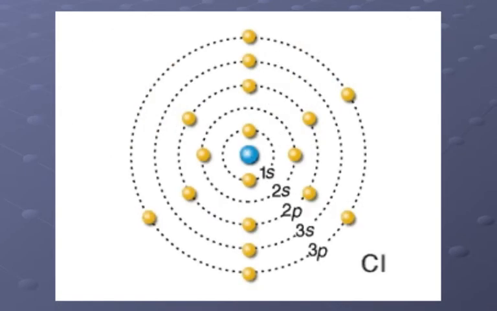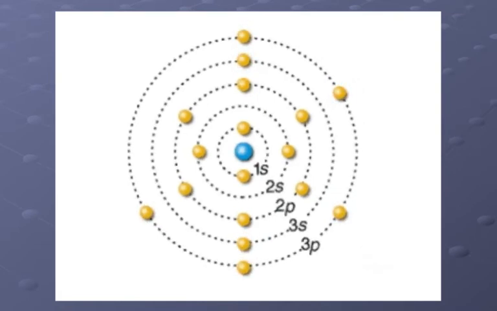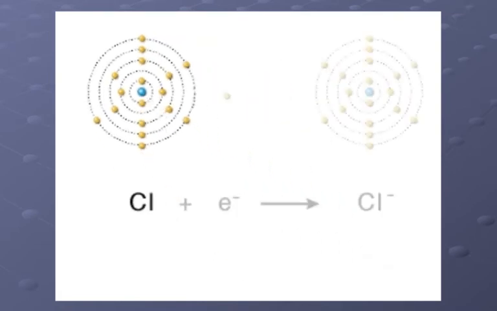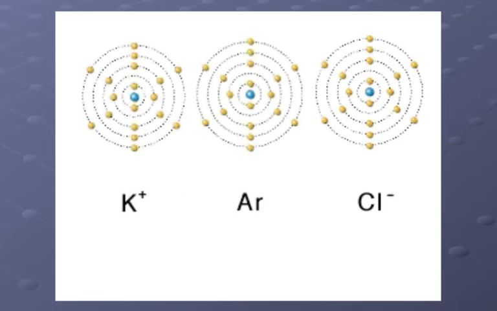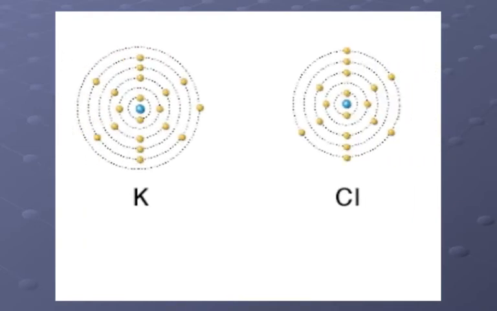Chlorine, on the other hand, has 7 electrons in its highest energy level. In many reactions of chlorine, an electron is acquired and a chloride anion is formed. Notice that both the potassium and the chloride ions have the electronic configuration of argon. In fact, potassium and chlorine react vigorously to form potassium chloride.